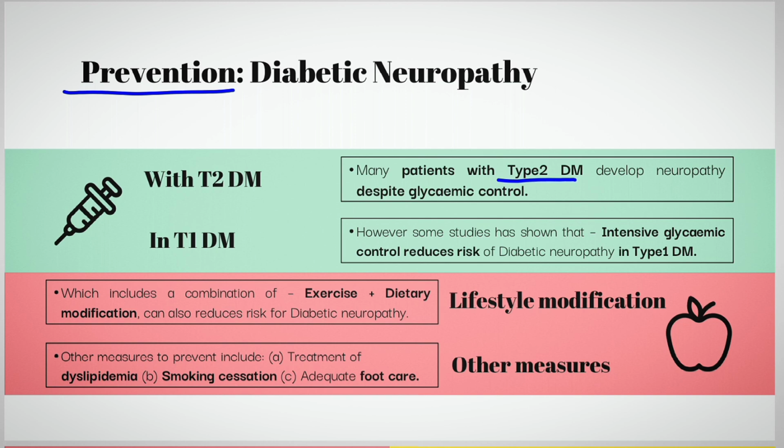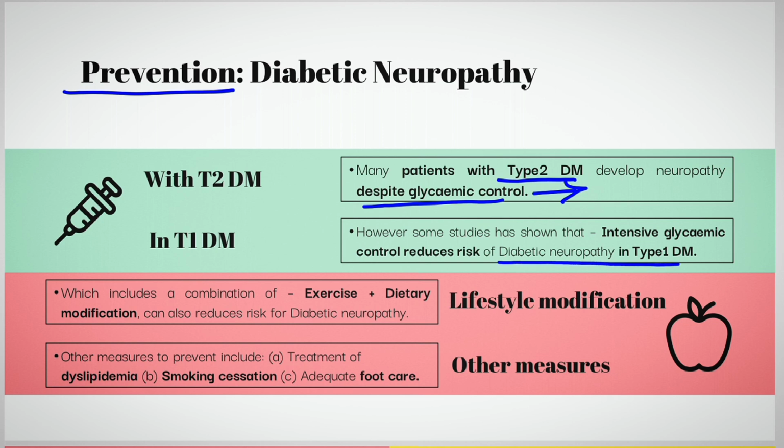However, such patients should be advised intensive control of the glycemic level. In type 1 diabetes mellitus also, the person is required to have intensive glycemic control, as it is found that such control can reduce the risk of diabetic neuropathy in such patients.